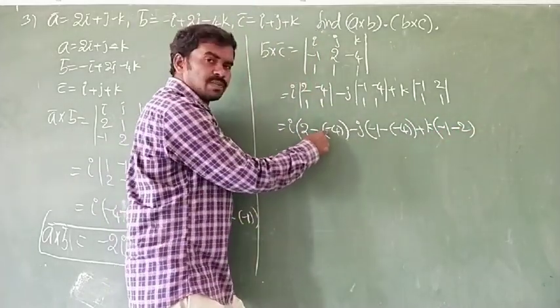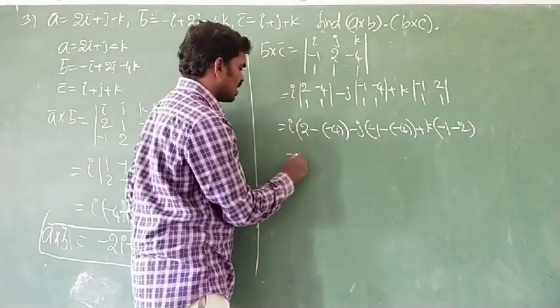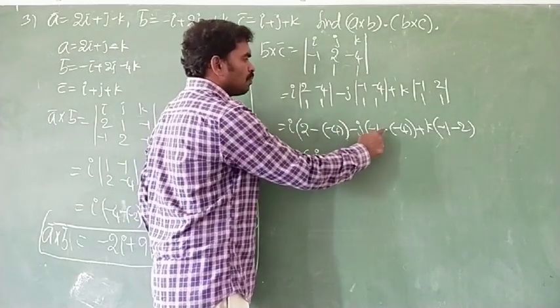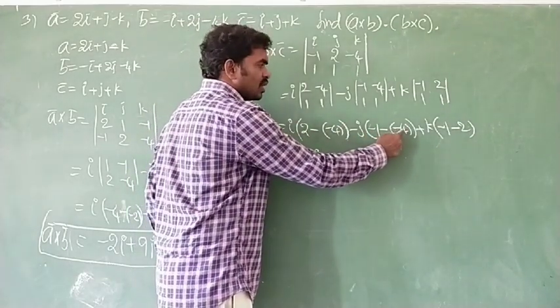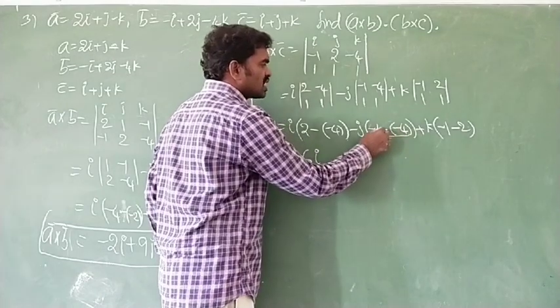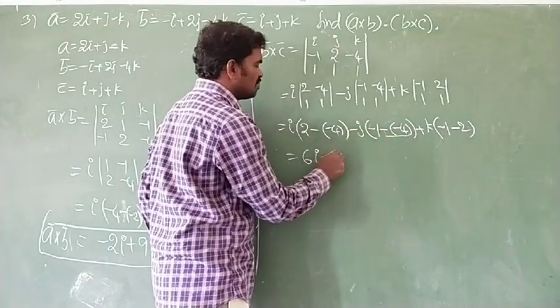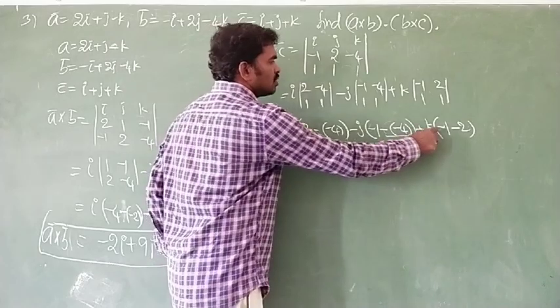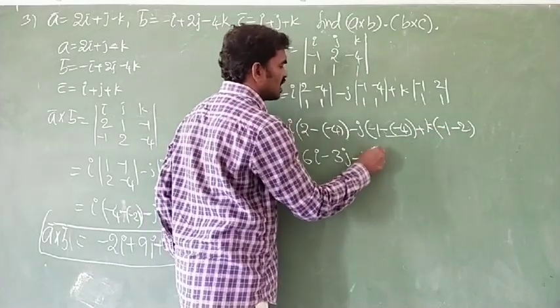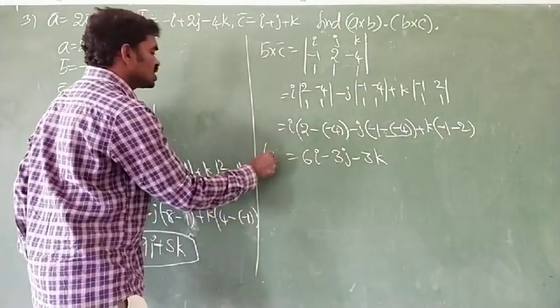So 2 plus 4 gives 6i, minus j into (minus 1 plus 4) is 3, so minus 3j. Next, minus 1 minus 2 is minus 3k. So we got B cross C also.